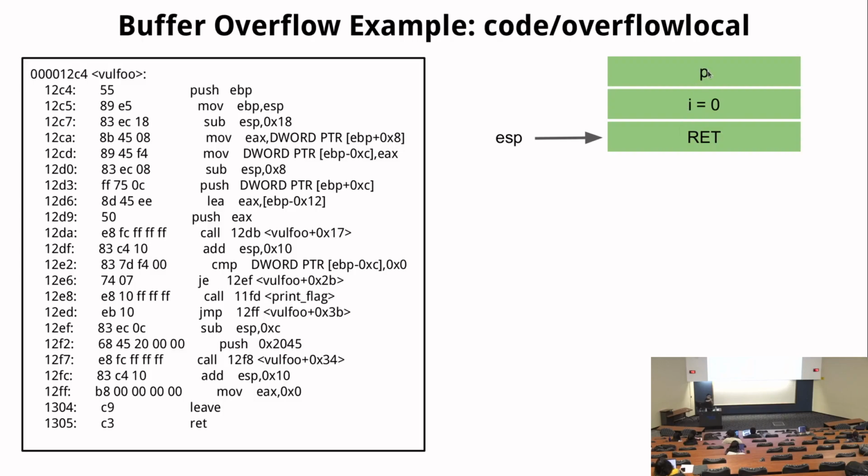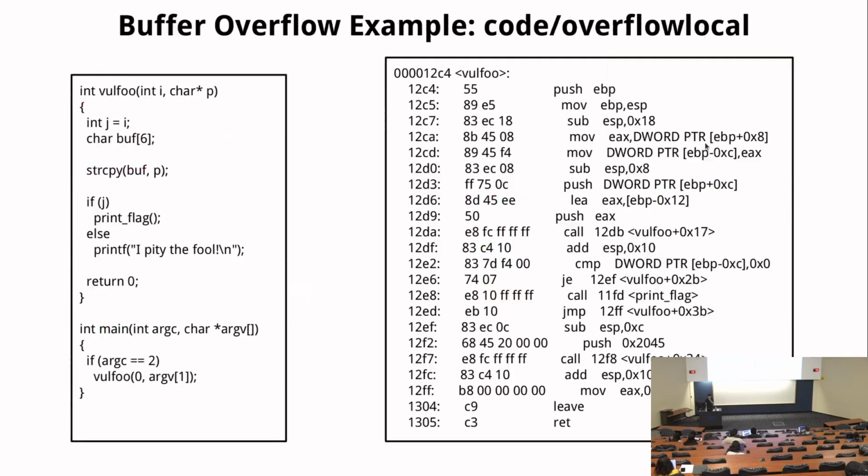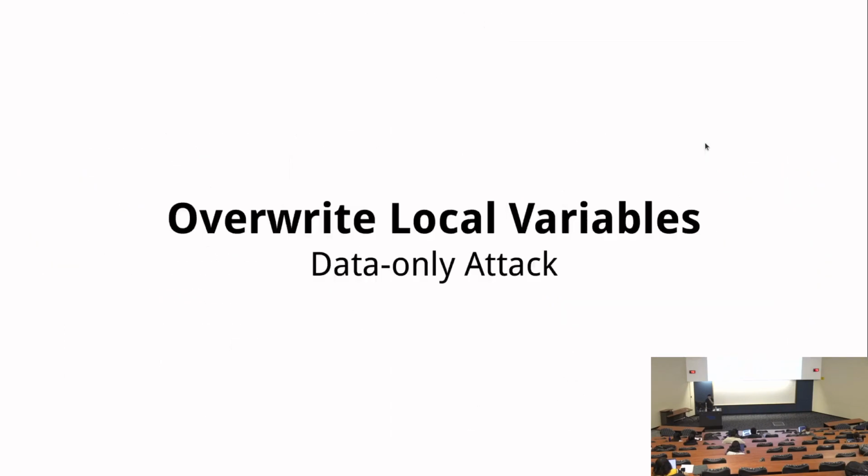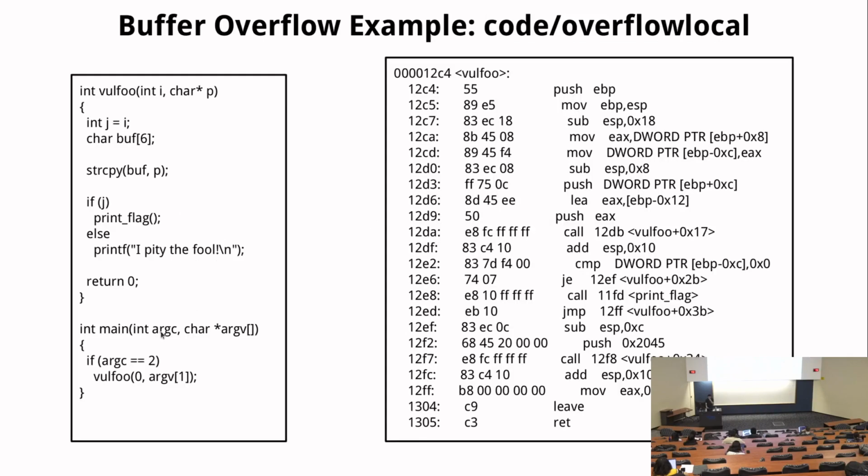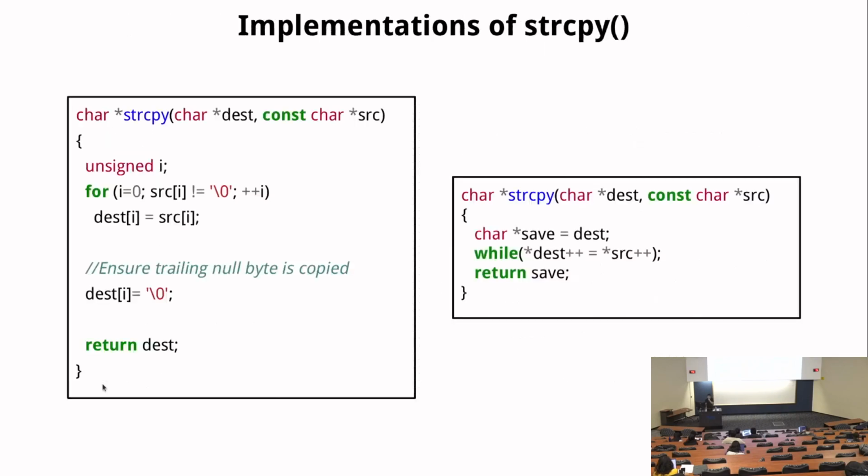We have 2 parameters. One is the string's address, which is P. The other one is also pushed to the stack. So the stack right now has an address for the string we just input and an integer 0. After that, we have the return address, which should be the address right after the call to vol, right?